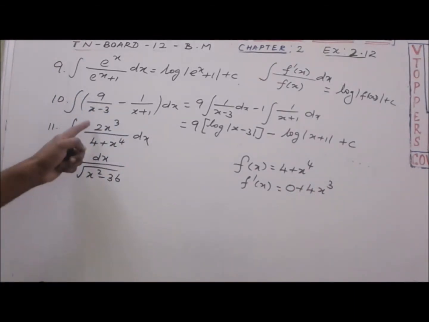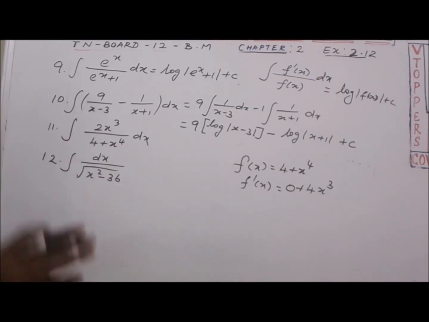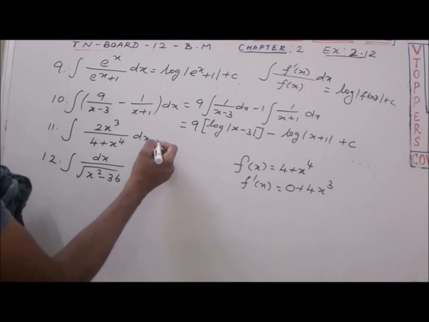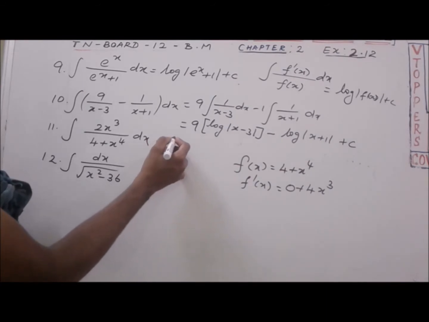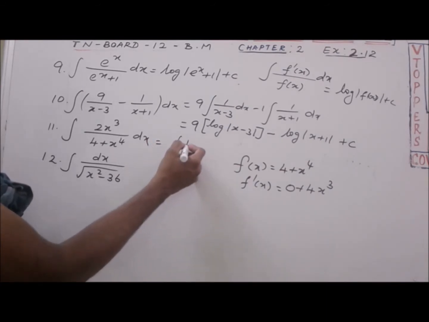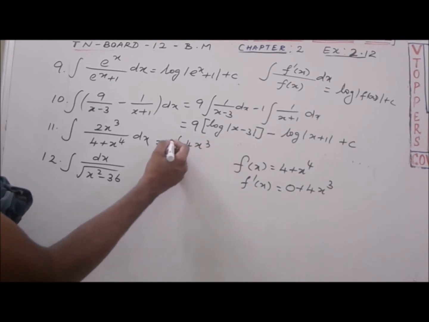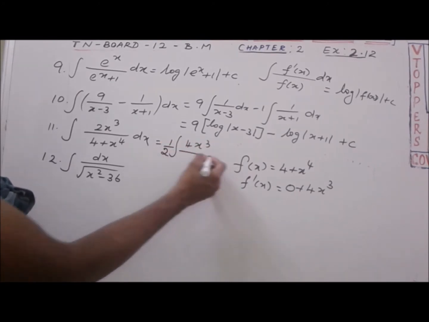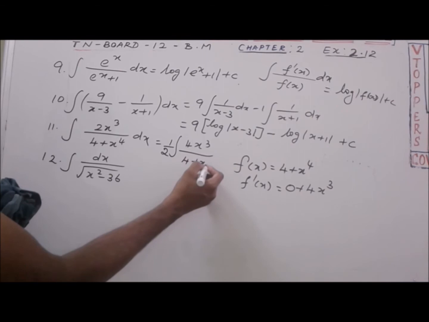But here we have only 2x cube in the numerator. So we adjust the result accordingly: multiply by 2, it will turn into 4x cube, and divide by 2. Then keep the same denominator.